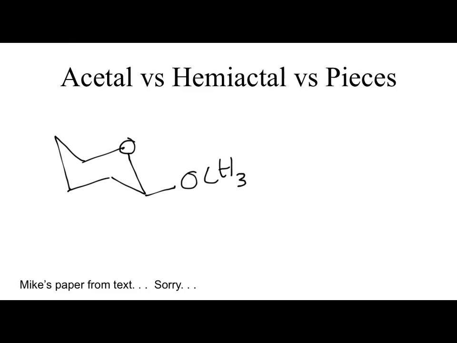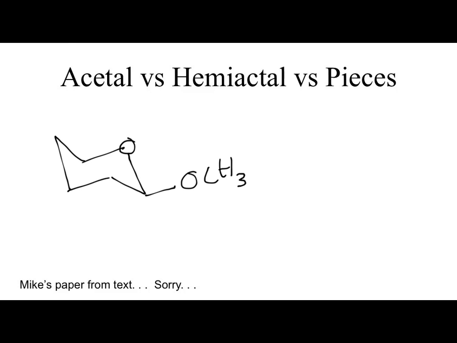Acetal, hemiacetal, none of the above. So we want to find a carbon that is bound to oxygen. There's a carbon bound to an oxygen. For it to be an acetal or hemiacetal, it has to be bound to 2 oxygens. Is that carbon bound to 2 oxygens? Nope, so that's not valid. So let's try again.